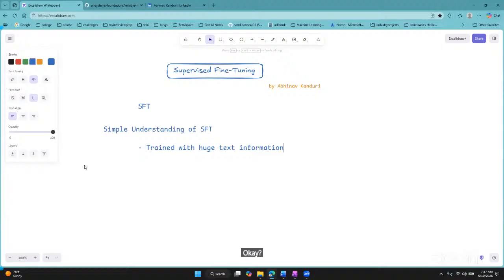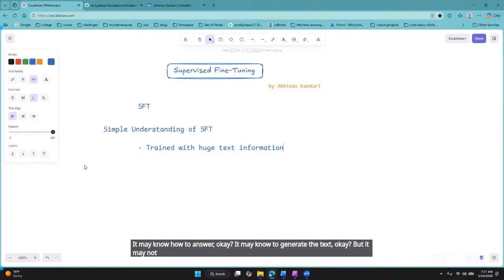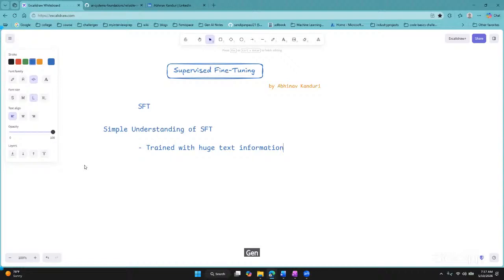If it got trained with huge textual information, then whenever you ask any question to this language model, it may know how to generate the text. But it may not know how to answer your question. Generating text is different from aligning the response as per your instructions.